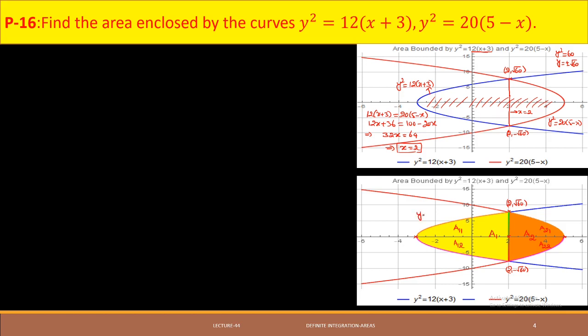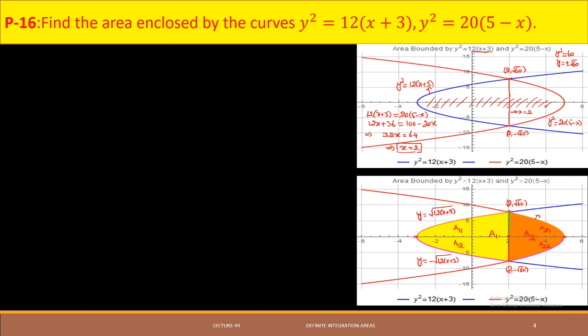So what is this portion of the curve? This is y is equal to under root 12 into x plus 3, and this is y is equal to minus root of 12 into x plus 3.